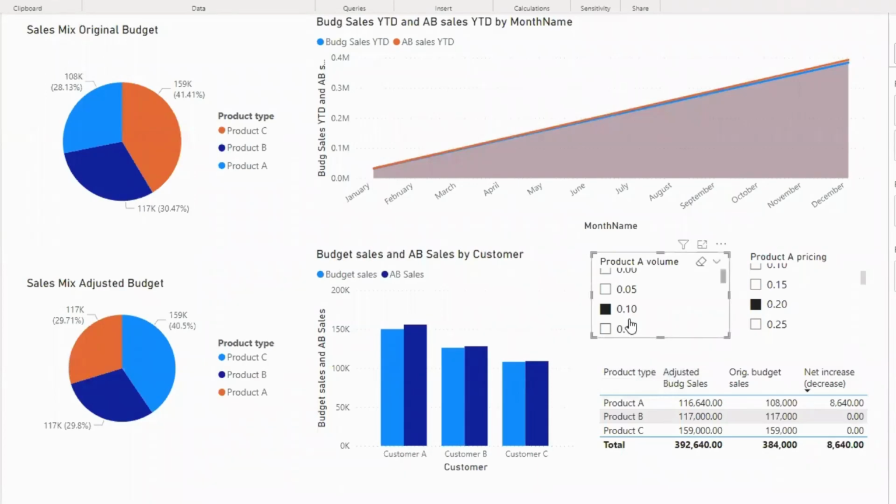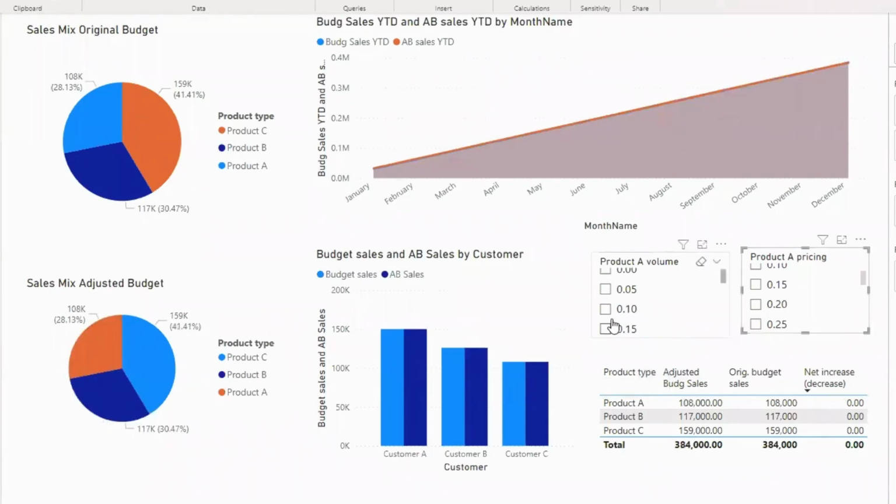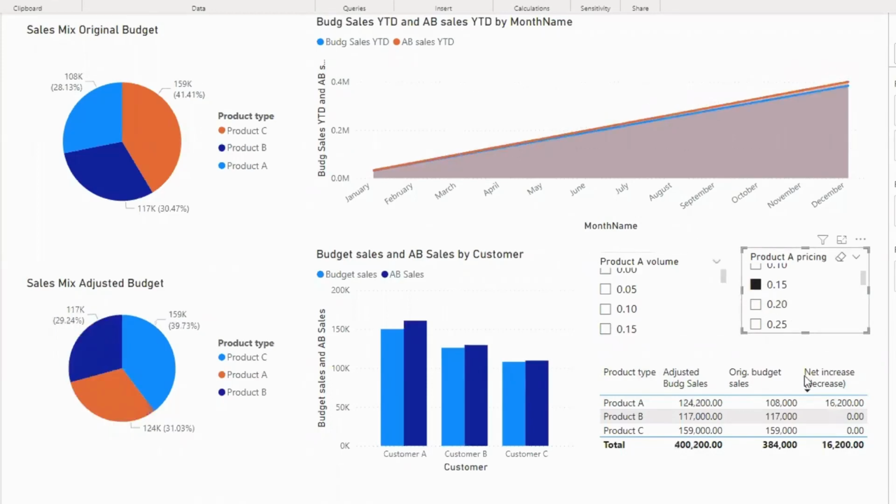Let's start with scenario 2, but first let's reset everything back to 0. Scenario 2 is setting the price increase at 15% with expectation that volume will decrease by 5%. So we set it at 15. As you can see here, with the price increase of 15%, sales increased by 16,200.